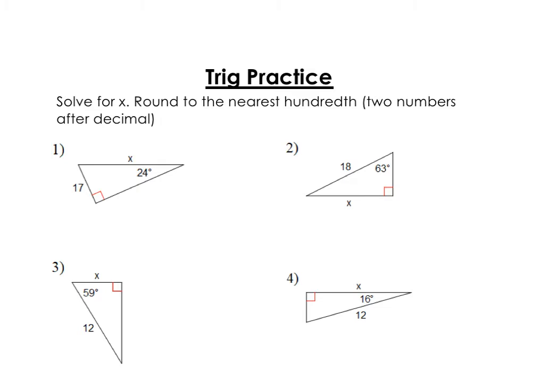Okay, so first looking at problem number 1, start every problem the same way. I'm going to highlight my hypotenuse, I'm going to circle my reference angle, and I'm going to label my sides. So this is my hypotenuse, this is my adjacent side, this is my opposite. I like to highlight the information that we're solving for and the information that we're given, because this is going to help identify which trig function to use.